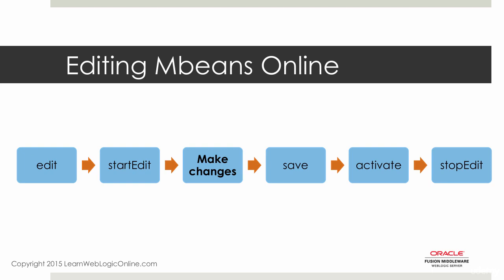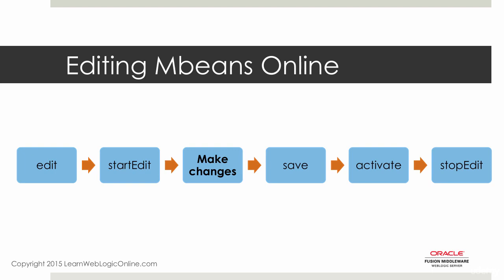Once you are done with those changes, you have to save them. You type save and then you save your changes. But you don't just save. After you've saved, you have to activate those changes. Saving temporarily saves them.